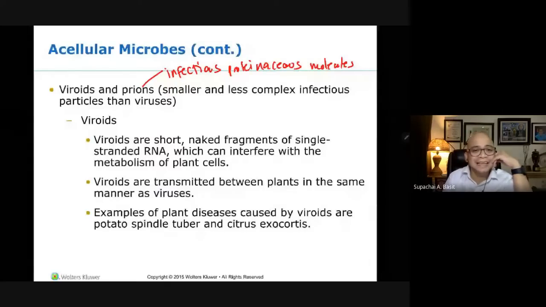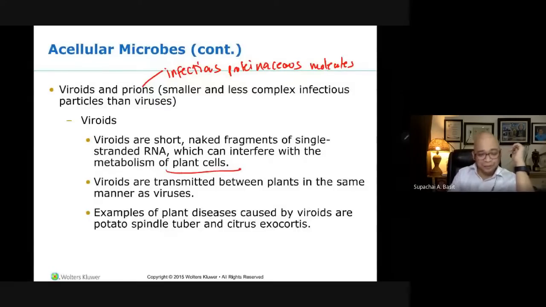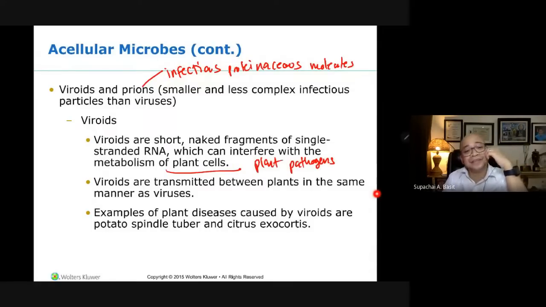Viroids are a short naked fragment of single-stranded RNA which can interfere with the metabolism of plant cells. Therefore, they are considered plant pathogens. The viroids are transmitted between plants in the same manner as viruses. Examples of plant diseases caused by viroids are potato spindle tuber and citrus exocortis.